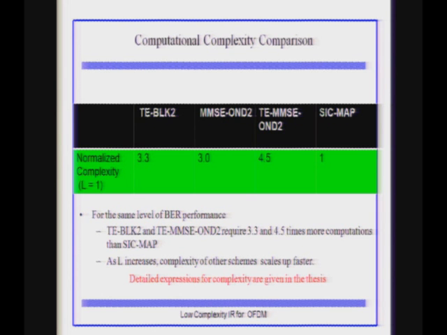But if L is high, these numbers will scale up much higher for the other schemes, not for ours. If L is 2, one SIC MAP will maybe equal 6, this number could be 5 or 6, because your matrix inversion is cubic or square complexity and the matrix is becoming bigger, so these numbers will scale up much higher. So remind me what L is? L is a measure of the Doppler spread.